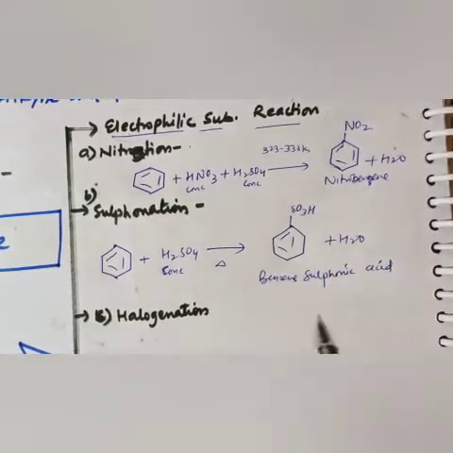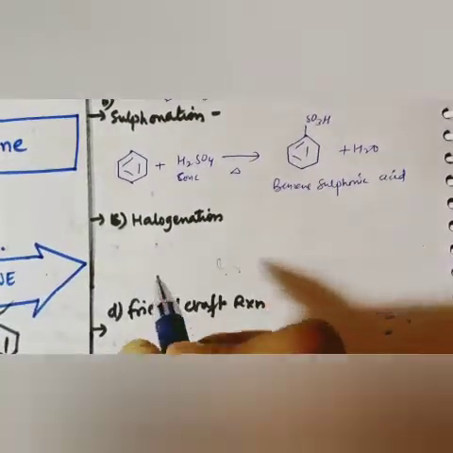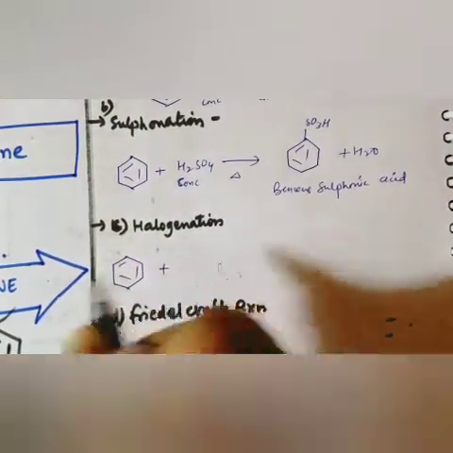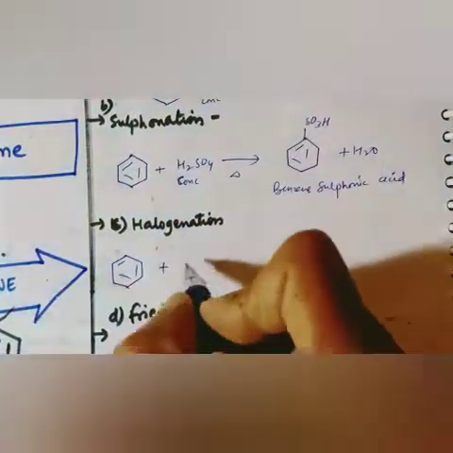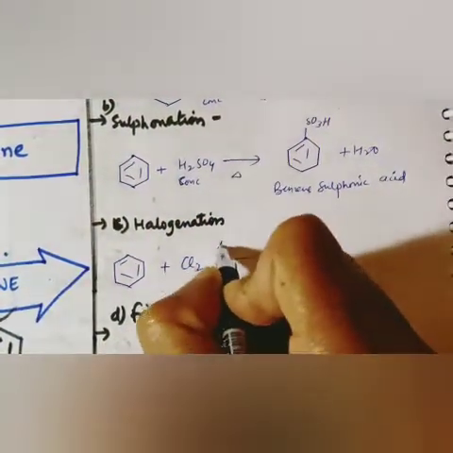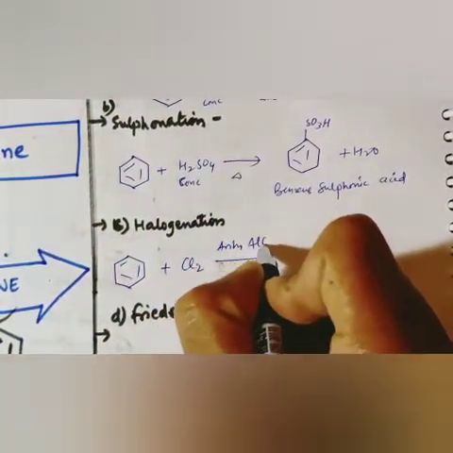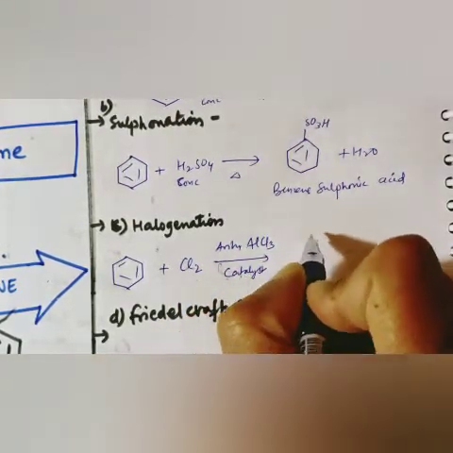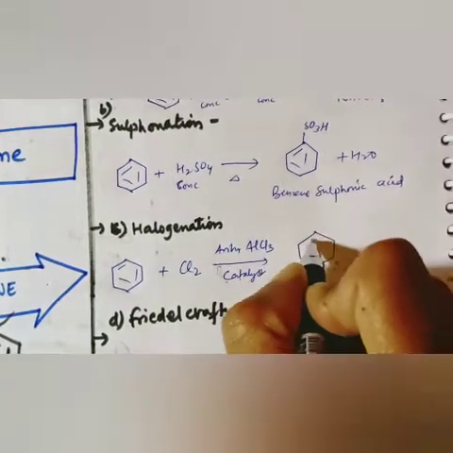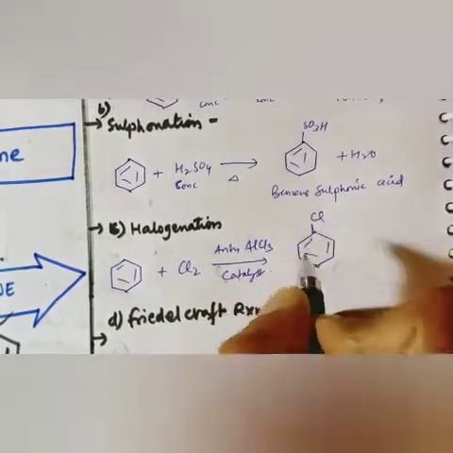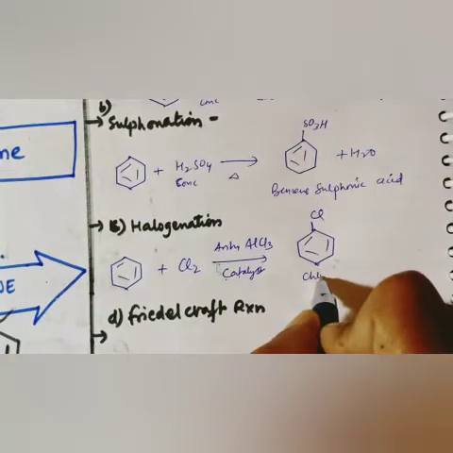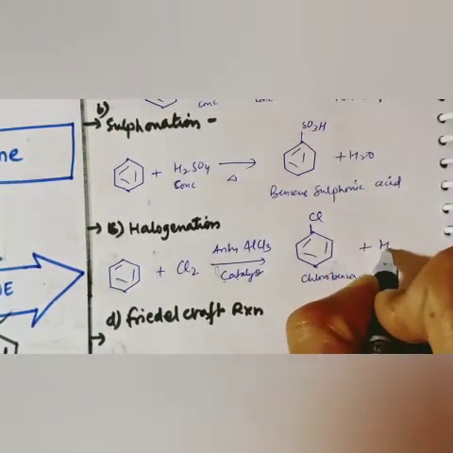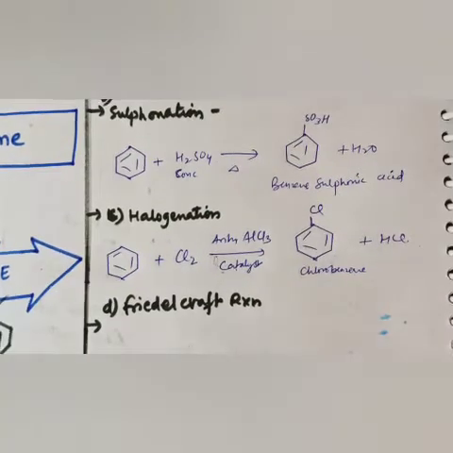Third is halogenation, in which the benzene ring reacts with halogen, that is chlorine, in the presence of anhydrous aluminum chloride, a Lewis acid catalyst. That will change benzene into chlorobenzene, and it will give HCl.